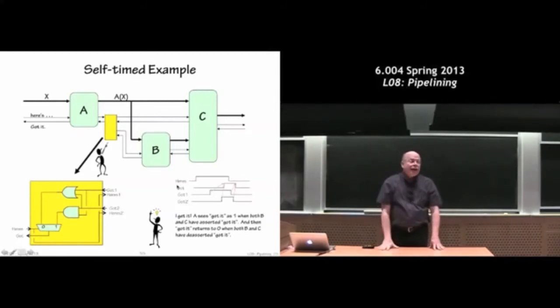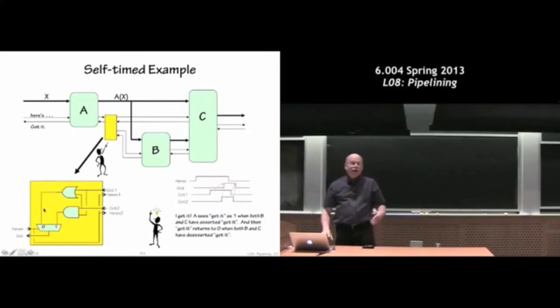So now I can put my hand down. And at whatever times you feel good, you can put your hand down. Now I'm waiting until I'm looking at the OR of the two signals, and when the OR goes down, I know that both of you have finished your processing. So I can build these little pieces of control logic that can deal with as many modules as I want that way.